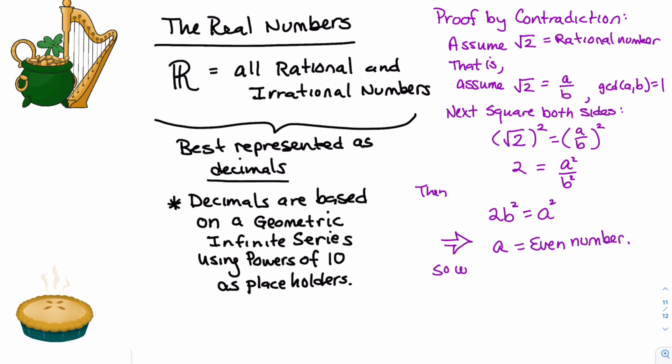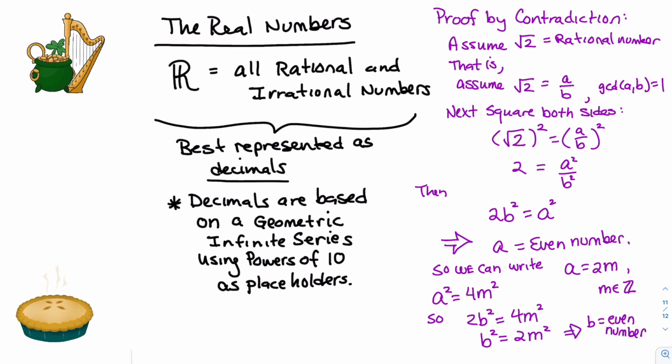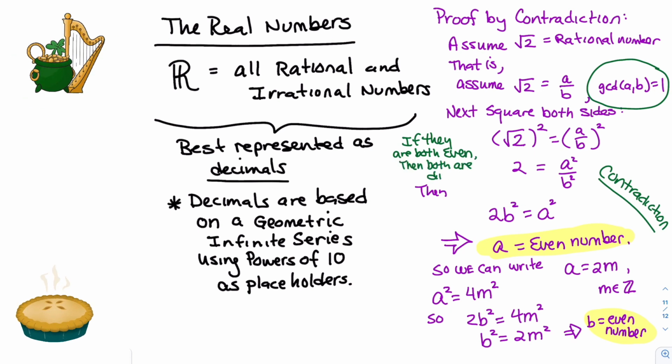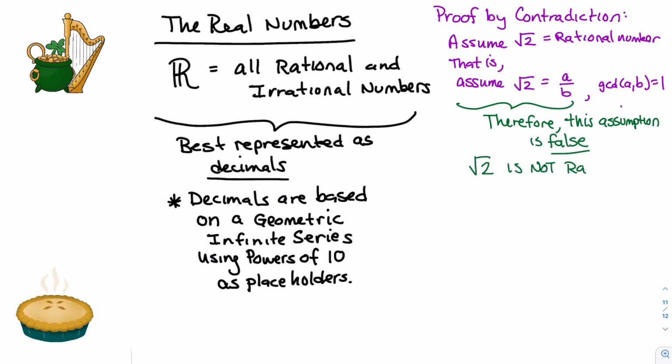Bringing terms to the other side, 2b squared equals a squared, which implies a is an even number. Writing it as 2 times some integer m, we can rewrite this equation as 2b squared equals 4m squared, or b squared equals 2m squared. This implies b is also an even number. This is a contradiction because originally we said that a and b did not have any common factors. If they were both divisible by 2, they have a common factor of 2, leading to a contradiction. Therefore, our assumption is false, and the square root of 2 is not a rational number. So we say that the square root of 2 is irrational.